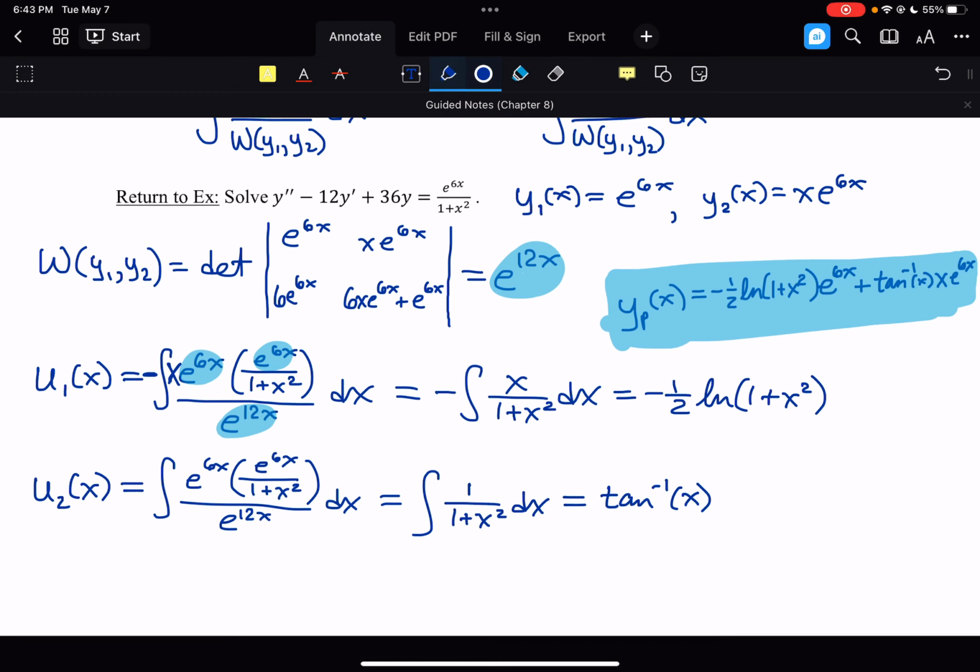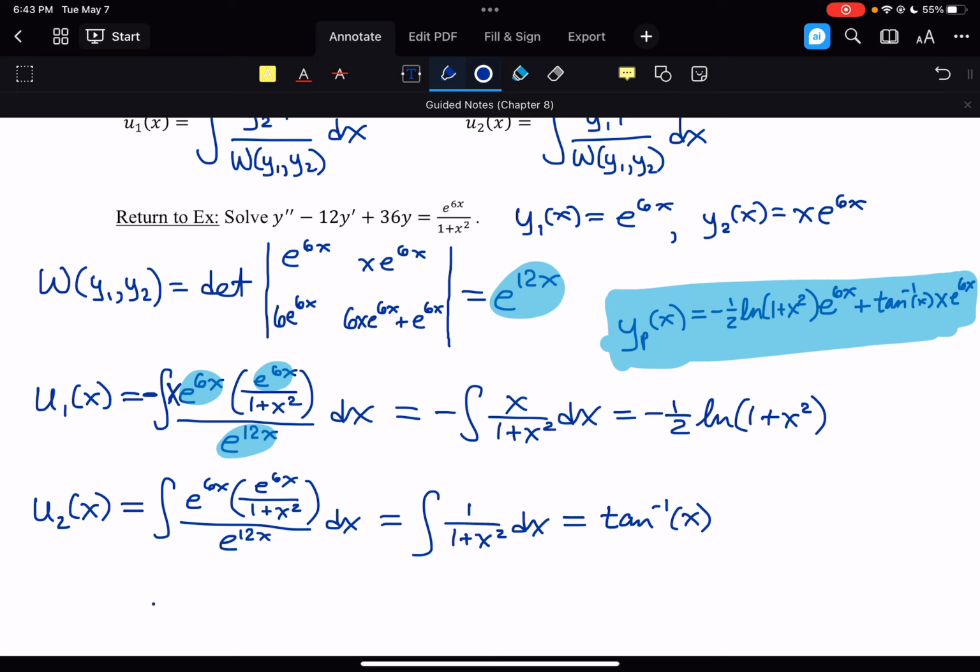So our overall solution to this differential equation, y of x equals complementary plus particular. The complementary was c1 e to the 6x plus c2 x e to the 6x plus this part.